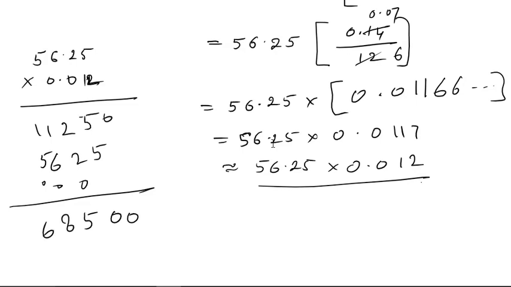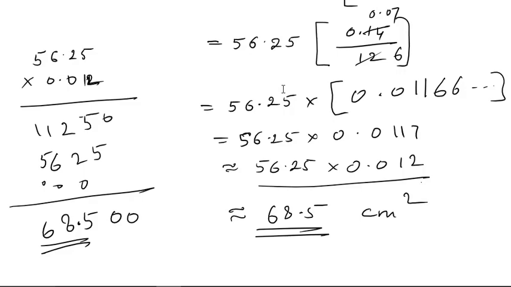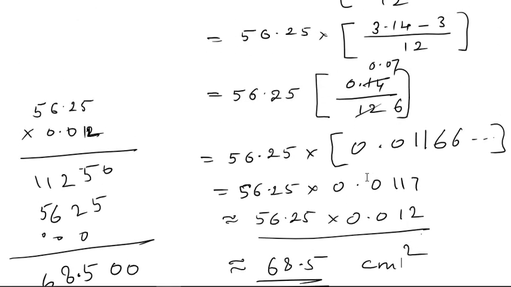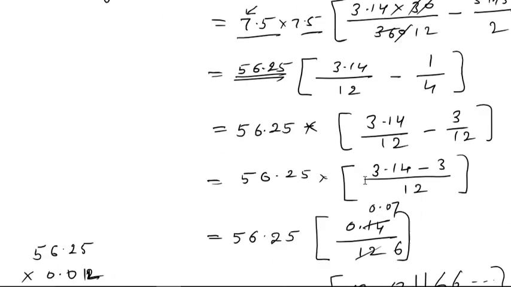After 1 2 3 I put the decimal. So my answer of this multiplication is approximately 68.5. So 68.5 centimeter square is the answer. Okay, so for question number 3, the answer is 68.5.